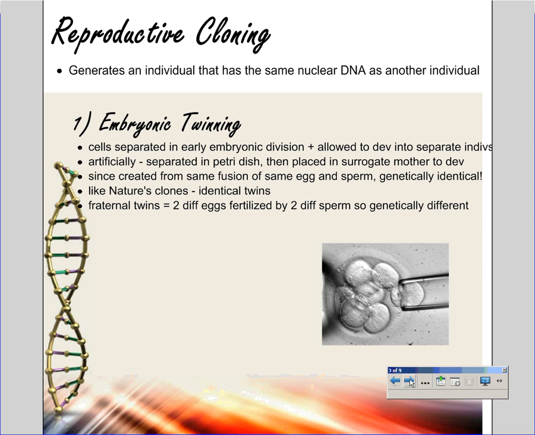With embryonic twinning, you saw in the activity that basically the cells start to divide, they're pulled apart manually. So if it's an 8-cell, at the 8-cell stage, technically they could separate that and have 8 individuals, 8 clones formed that have the same genetic information. Okay?